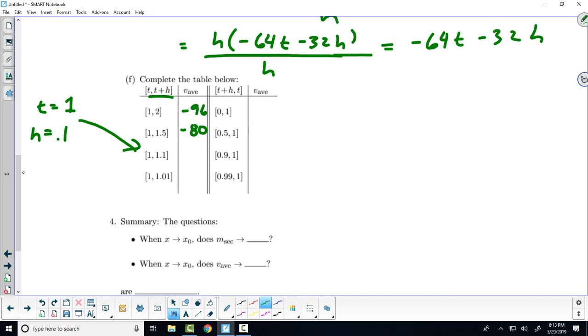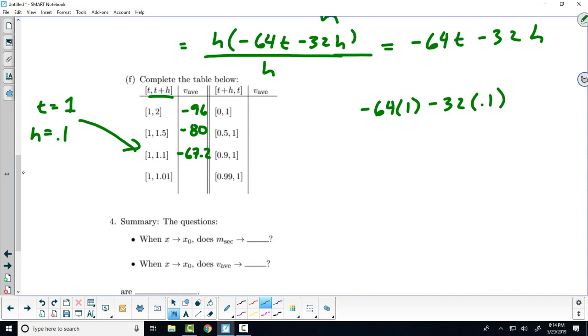No? Okay. All right, so now that I know that, I can use this formula and say that if we take negative 64 times 1 for t, minus 32 times 0.1 for h, when we clean this up, we get negative 67.2. You see how we did that?